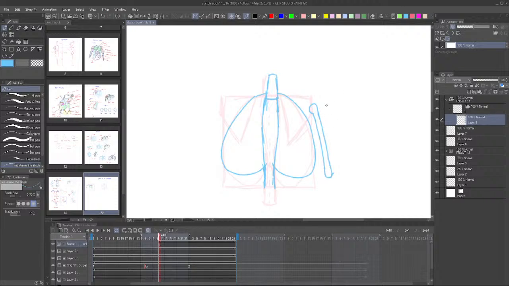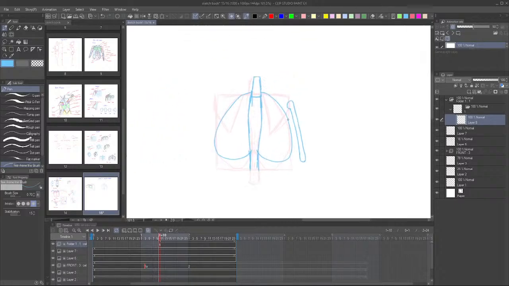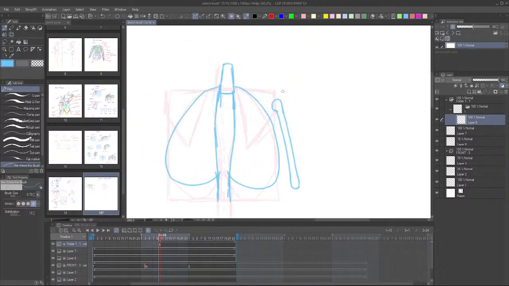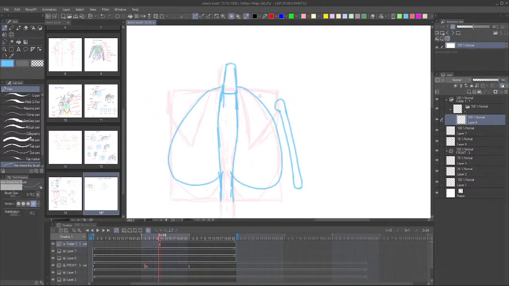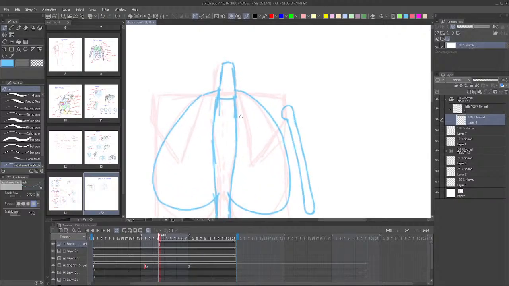So this is the humerus. Then we have our shoulder muscles like that. Not shoulder muscle, now I'm still confusing.